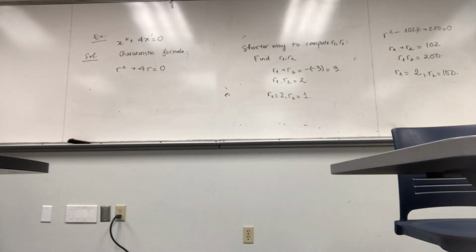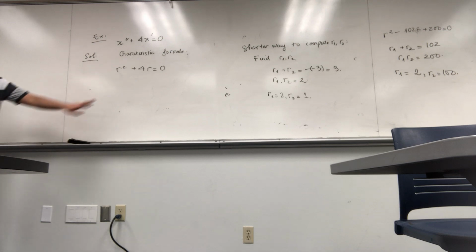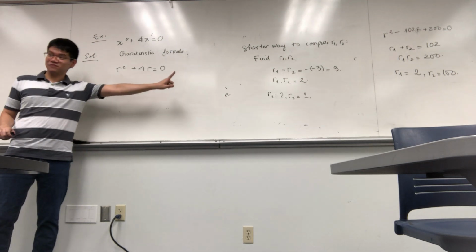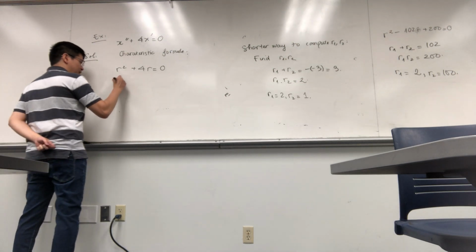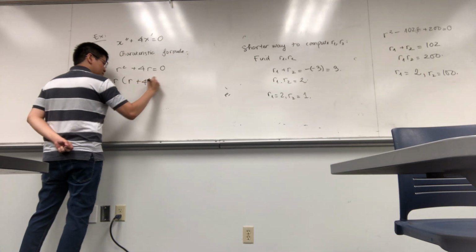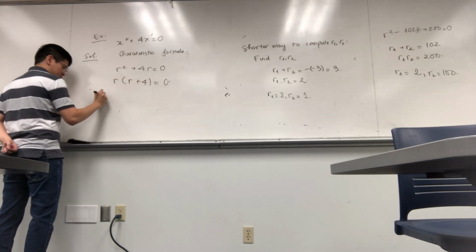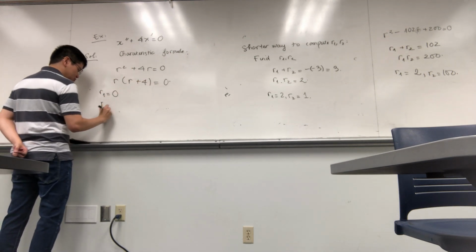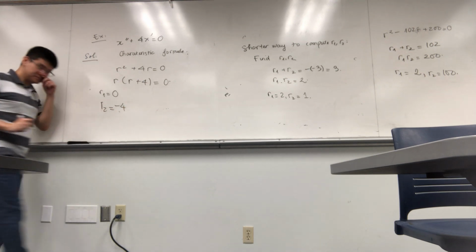So what are the two solutions? The two solutions would be 0 and minus 4. So you have r times r plus 4 equals 0. The first solution is 0, and the second solution is minus 4.